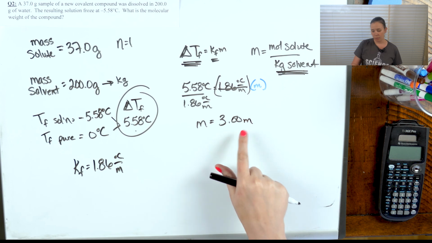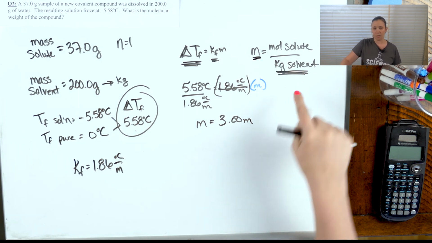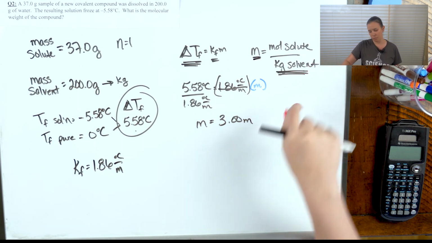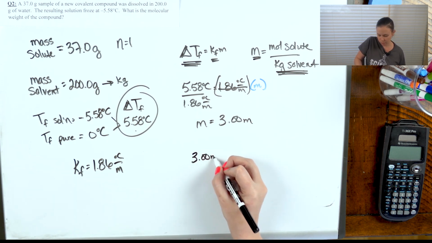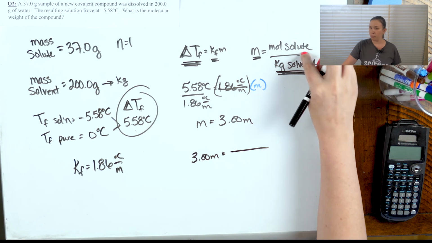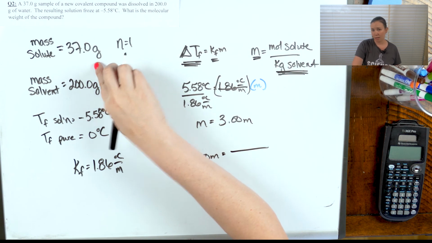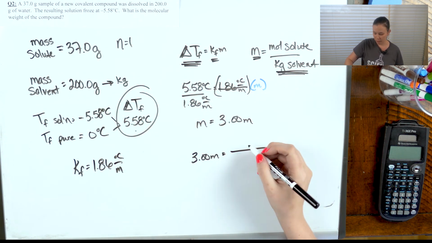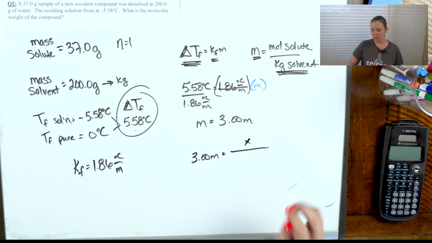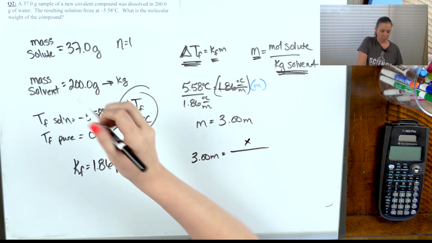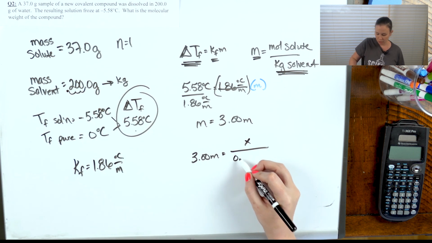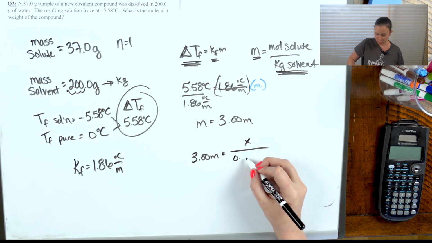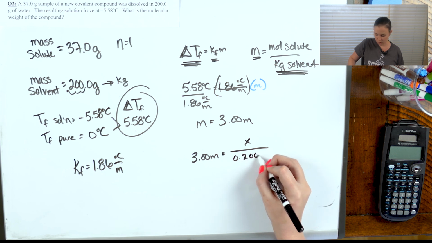So now that I have the molality, I have enough variables to start using my second formula. I'm going to start with molality on the left, the 3.00. I don't know the moles of solute, and like we talked about, I can't get it just with molar mass. So that's my x. What I need now is the kilograms. So again, we're going to move the decimal back 3 places, and the mass of the solvent will be 0.2000 kilograms.